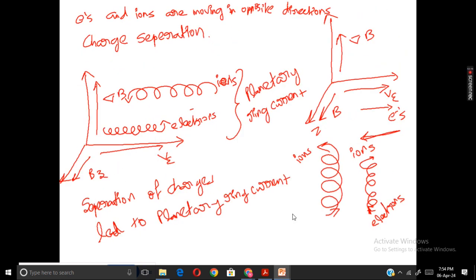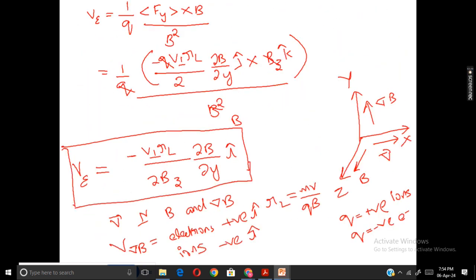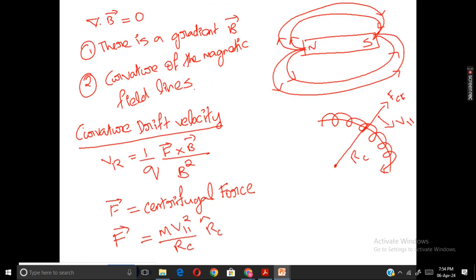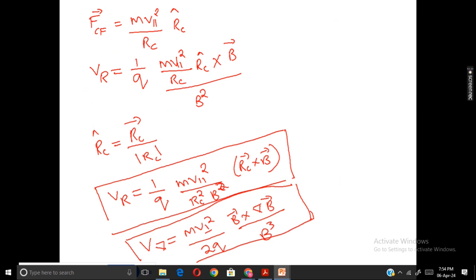We got the equation to be v minus v perpendicular R_L by 2B, z cap, dou B by dou r. If we substitute the corresponding gradients and the direction of the magnetic field, we will get the same equation. It is basically the same.